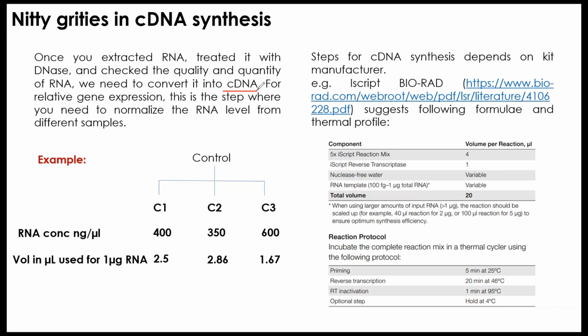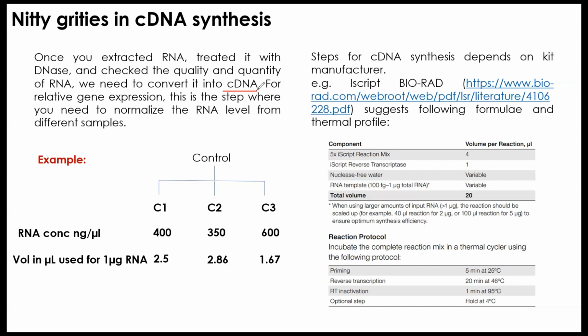And for C3, 600 nanogram per microliter, so you should take 1.67 microliter of RNA, right? That volume of the RNA is variable for each and every sample. And again, as I said even before, when you were doing the DNase treatment, whatever the difference is coming in the RNA volume has to be complemented with the nuclease-free water. That we will anyway see in the next slide, right?